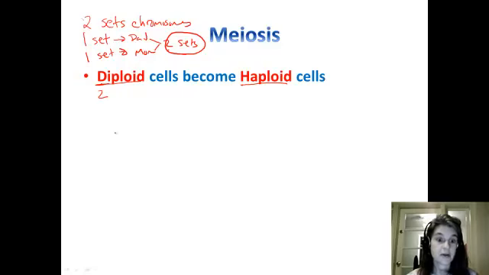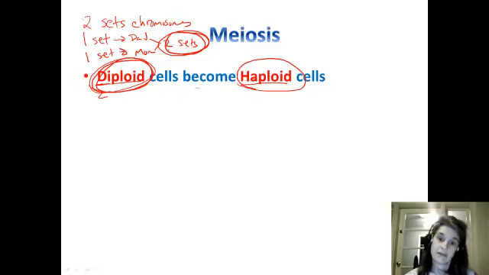So the vast majority of the cells in our bodies are diploid because they are cloned from that original zygote that got two sets of genes, one from mom, one from dad. In meiosis, we are going to divide this diploid cell and it's going to become haploid, and what that means is it's going to have in the end only one set of chromosomes, only one set of genes, okay?